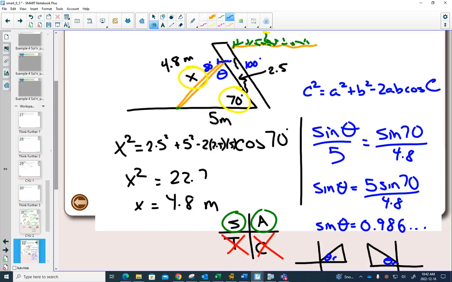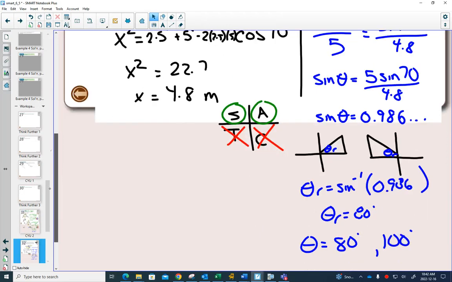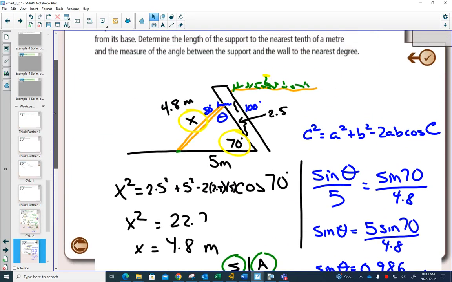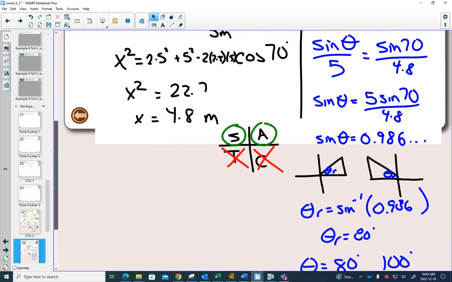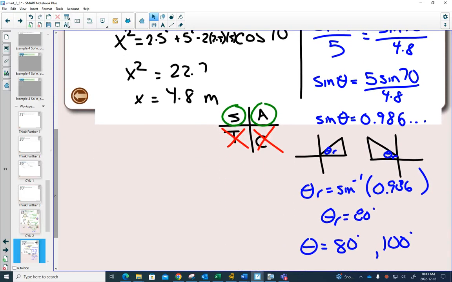Yeah. Now the answer in the textbook only says the 80, so did we do something wrong? Or did the textbook just forget the 100 degrees?